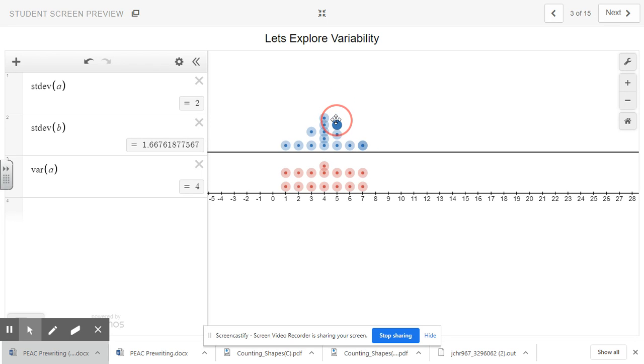Okay, I could make it a little more like that. So it looks like a bell curve, pretty much. My dots are not perfectly lined up. My standard deviation is now lower than the standard deviation in blue, so there's less variability now, because it's more likely that I'm going to get something in the middle.